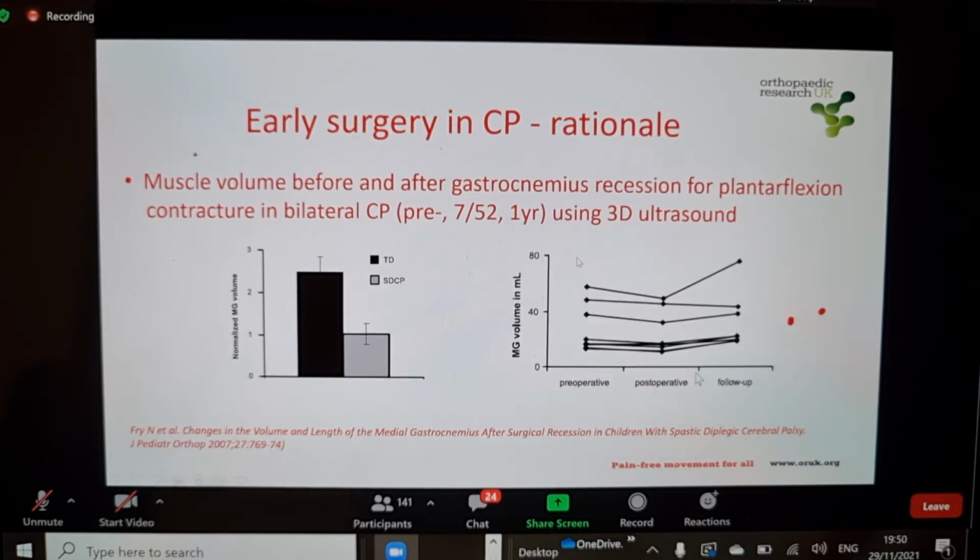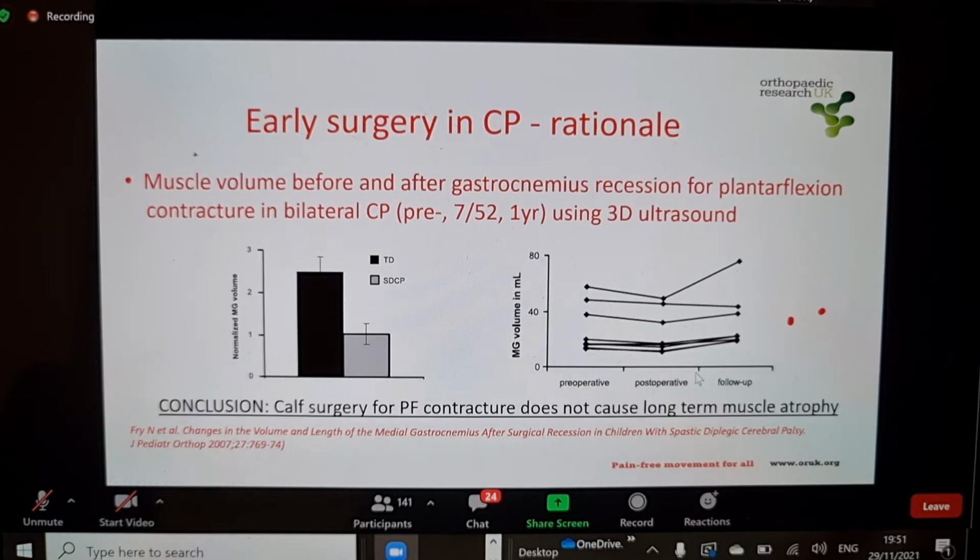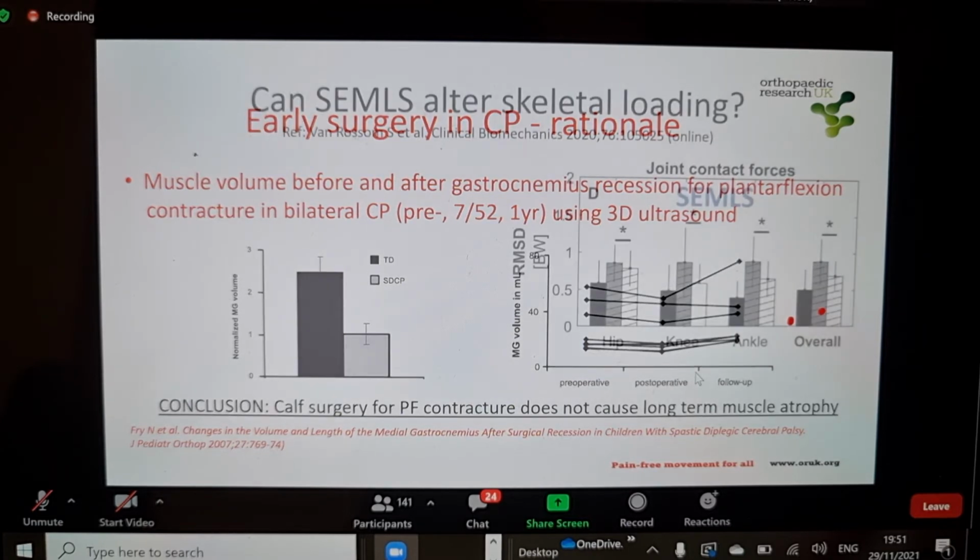But here's the funny thing. When you look at the volume of these gastrocnemius muscles after the operation, they haven't changed. And in fact, when you follow up, they have shown a trend to increase in volume, which is perhaps rather counterintuitive. In fact, it didn't reach statistical significance. And being the pure scientists they are, the only conclusion they could draw was that calf surgery does not cause muscle atrophy. But the implication of the results was actually maybe it's going to promote hypertrophy.